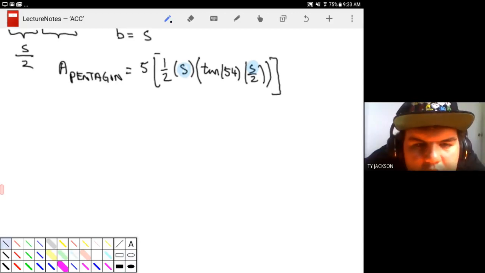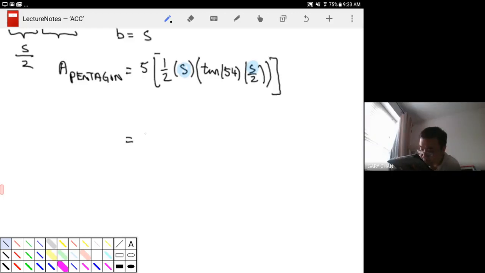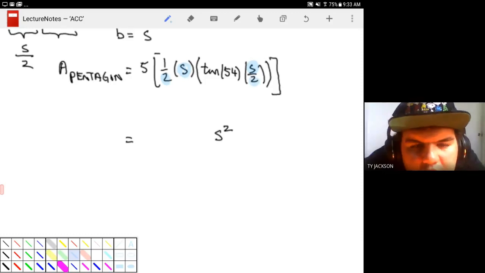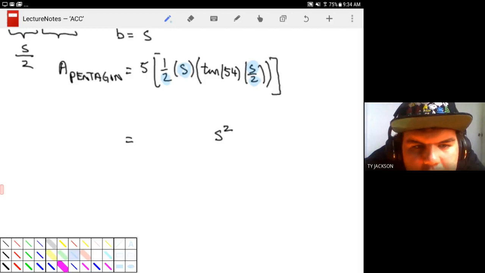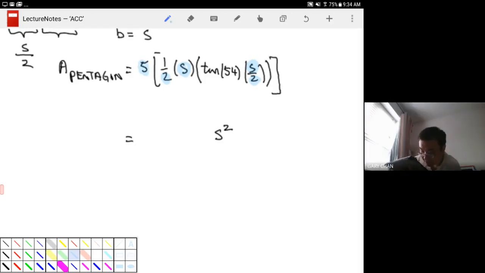S squared over 2. Now look, what about this? Can I combine the 2 and 2? Yes. That would be 4, and I have a 5 over here, so that will give me 5/4.